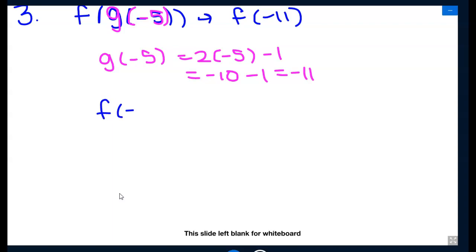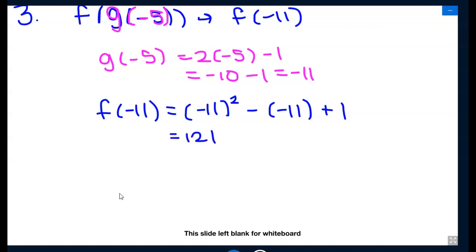F of negative 11 is then negative 11 squared minus negative 11 plus 1. Order of operations, say we square to start. So you have 121 minus a minus turns to a positive. So 121 plus 11 plus 1 is 133.